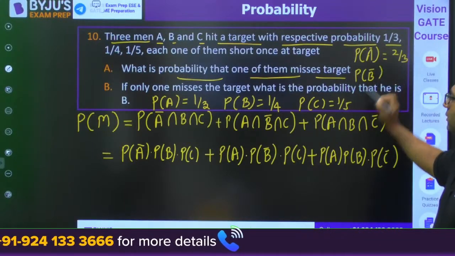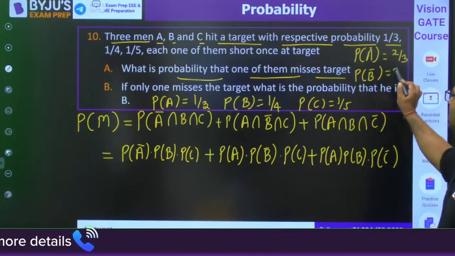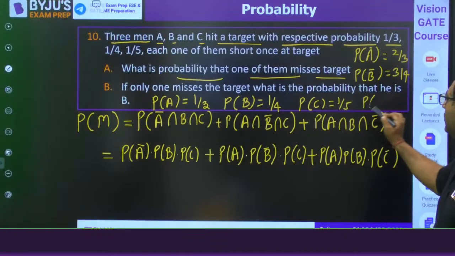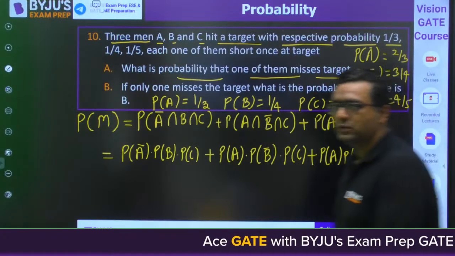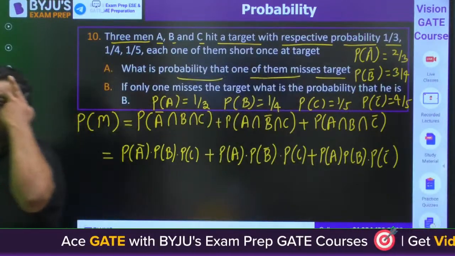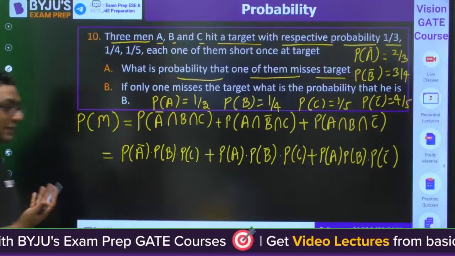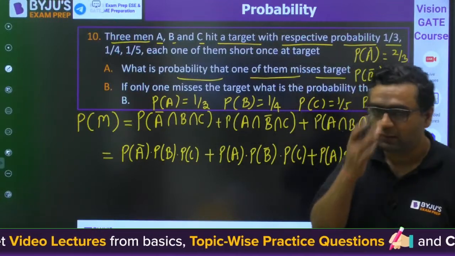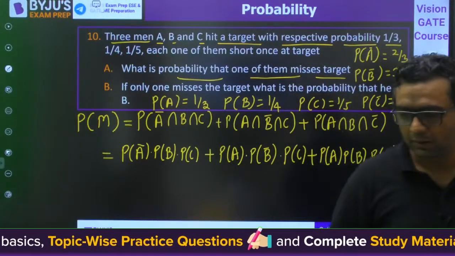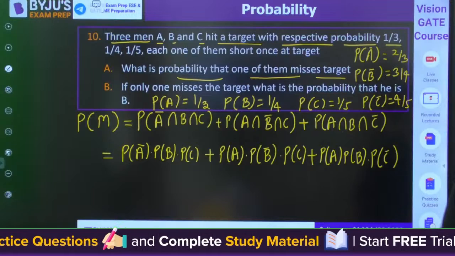Probability of B bar, 1 minus 1 by 4 is 3 by 4. Probability of C bar, 4 by 5. Put the value, get the answer. Yes, obviously they are independent. From the statement, it is clear they are independent. Okay? Solve it.